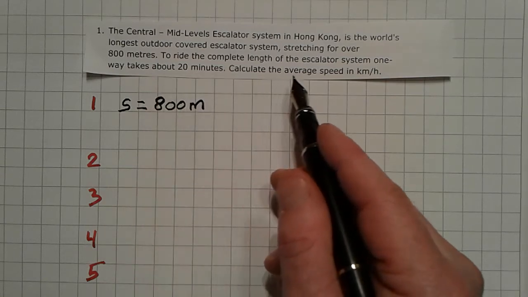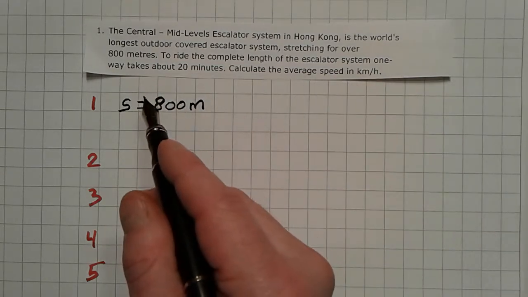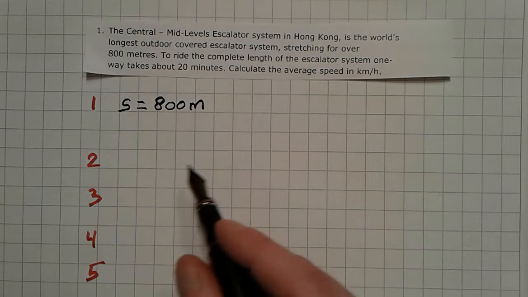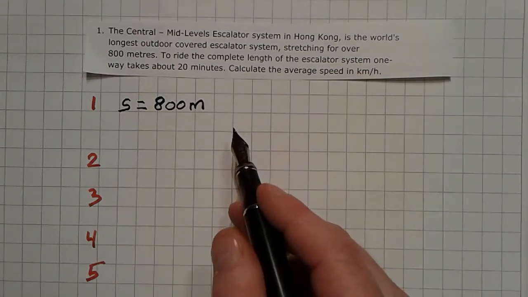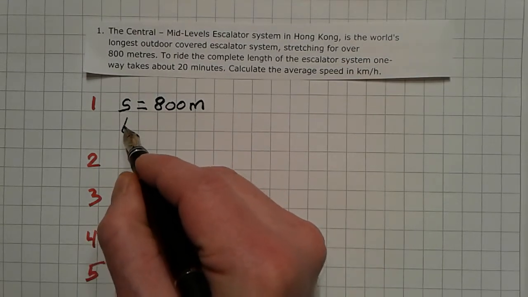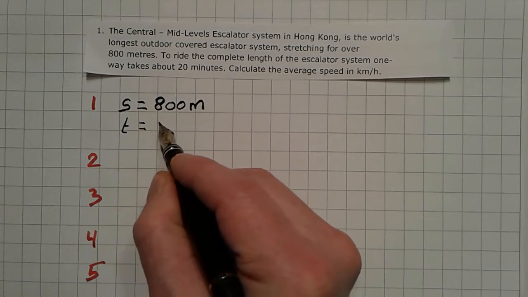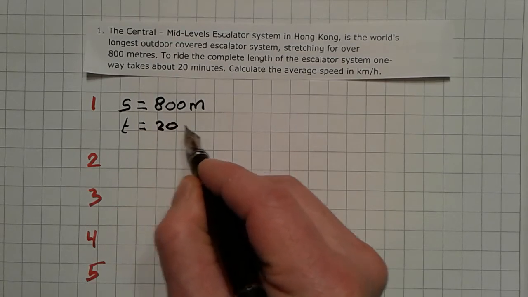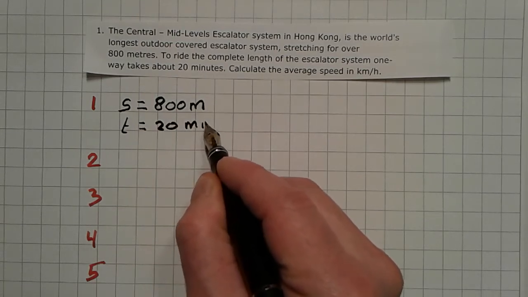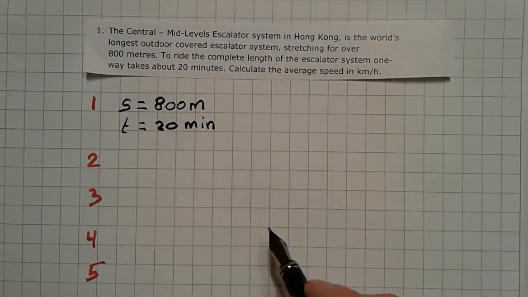To ride the complete length of the escalator system one way takes about 20 minutes. Okay, minutes, that is a time, so T equals 20 minutes.